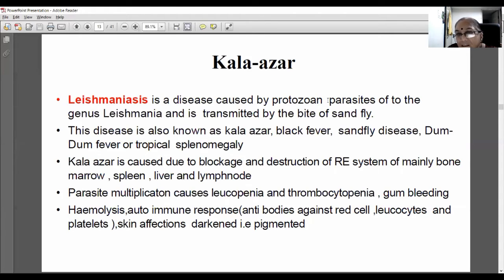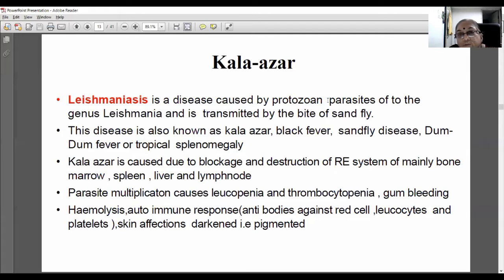So these are the synonyms: Kala-Azar, black fever, sandfly disease, dum-dum fever, and tropical splenomegaly.